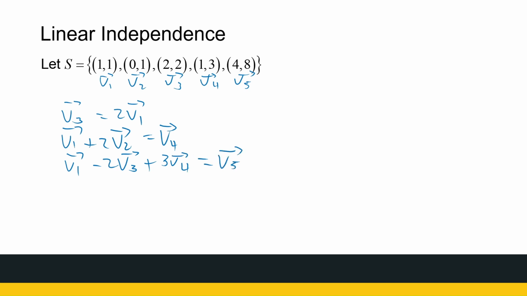Now, what does this say? This means that some of the vectors in this set, for example, V3, I can generate by looking at linear combinations of some of the other elements, for example, V1. I can generate V5 looking at linear combinations of V1, V3, and V4.